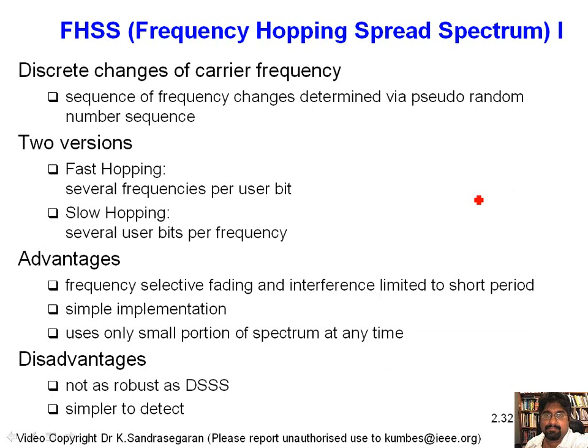In frequency hopping spread spectrum, there are two possibilities. One is called fast hopping, which means you use several frequencies per user bit. The other is slow hopping, where your carrier frequency changes much more slowly with respect to the bit rate.